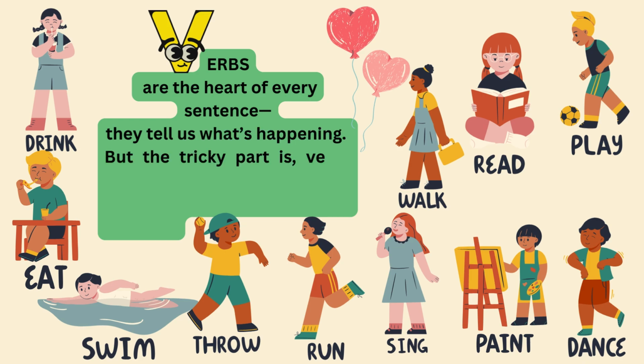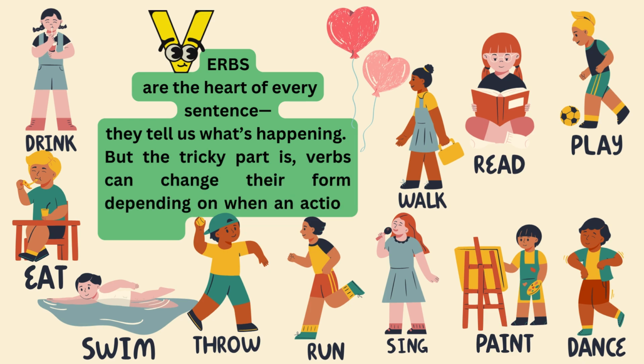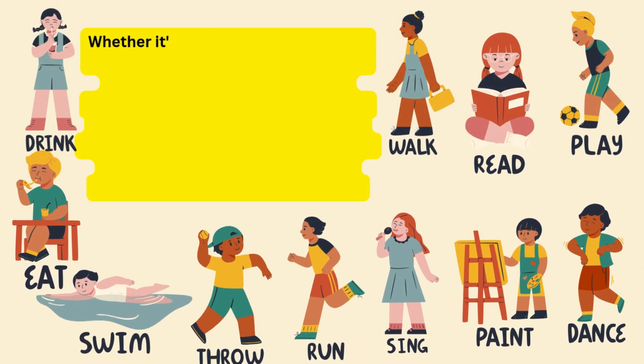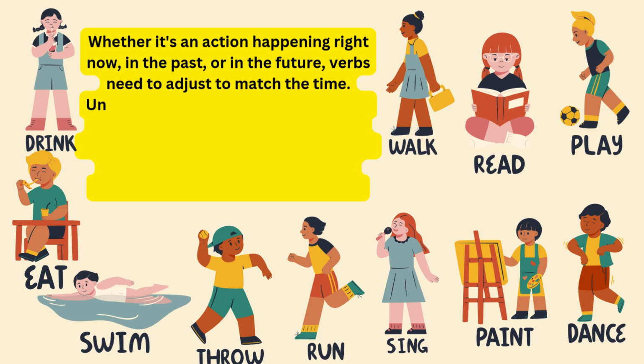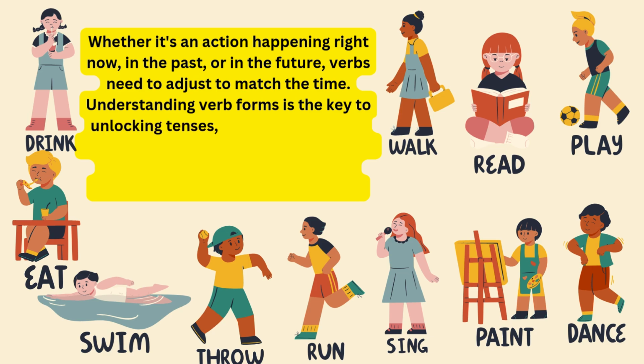But the tricky part is, verbs can change their form depending on when an action happens. Whether it's an action happening right now, in the past, or in the future, verbs need to adjust to match the time. Understanding verb forms is the key to unlocking tenses.